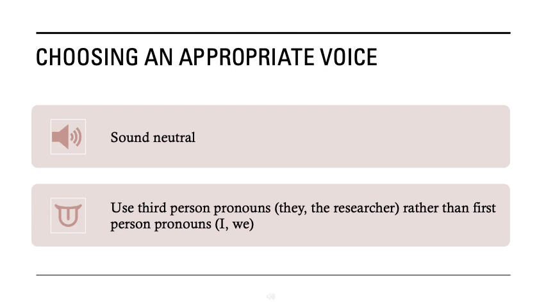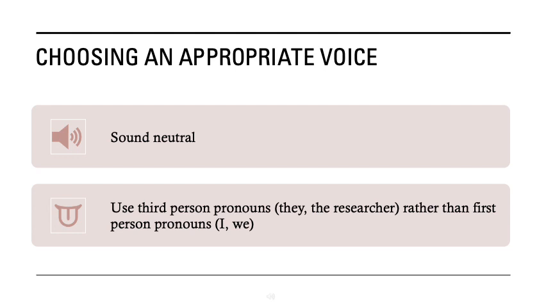So always sound neutral. Never express your personal wishes, desires, or likes and dislikes. And to achieve that end, one good strategy is to avoid the use of first person pronouns.